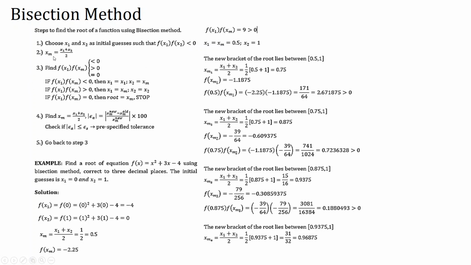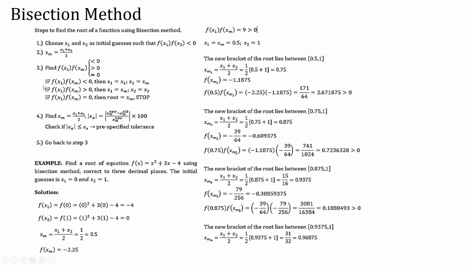Number two, x m, meaning x mid, is equal to x1 plus x2 over 2. Step 3, find the product of f of x1 multiplied by f of xm, and we have three possible outputs: less than 0, greater than 0, or equal to 0.